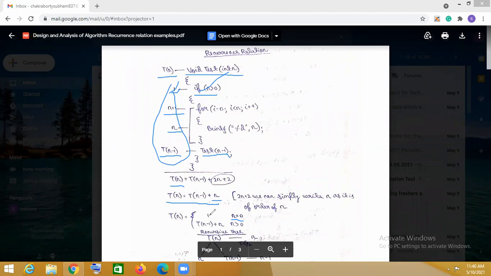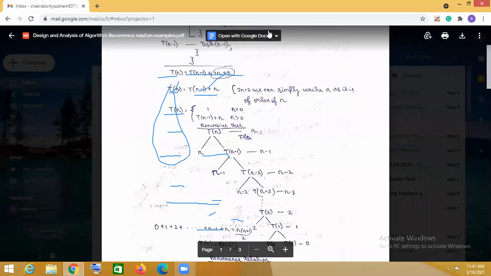For this we assume that we require one unit of time. That's why, if n equal to 0, we can say one time is required. And if n is greater than 0, it will execute Tn minus 1 plus n. That's how we can create the recurrence relation.